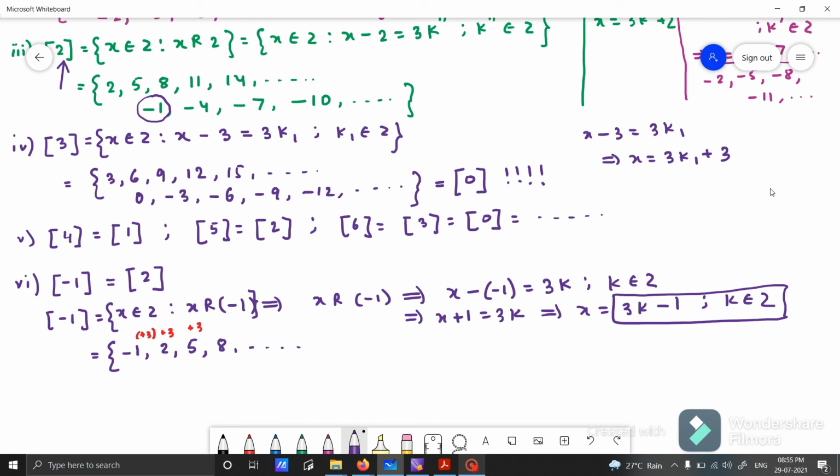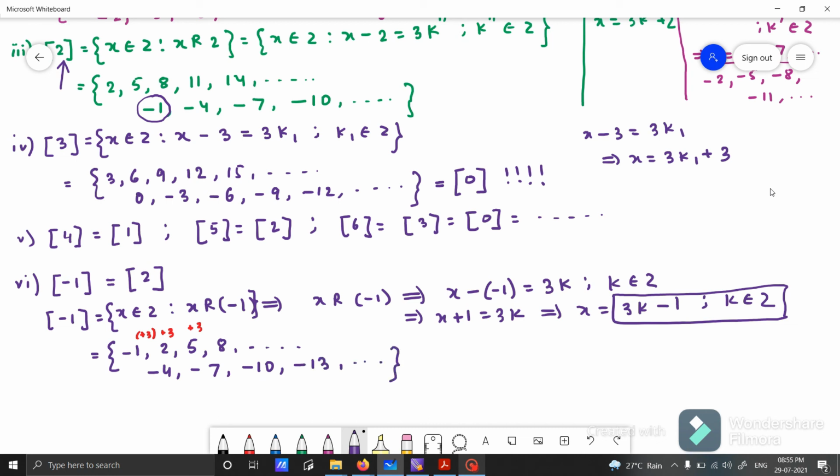So now suppose k is minus 1. So 3k minus 1 means minus 3 minus 1, so minus 4. And then k is minus 2, that is minus 6 minus 1, so minus 7. So yes, the pattern is again the same, minus 4 minus 3 is minus 7. So minus 7 minus 3 will give you minus 10. Minus 10 minus 3 will give you minus 13, and so on.